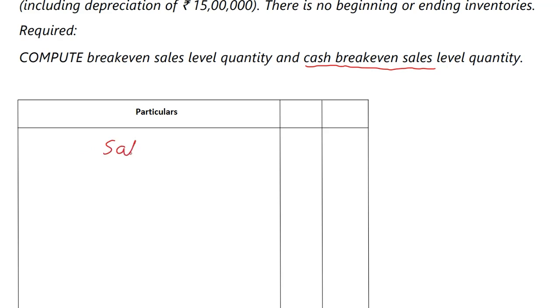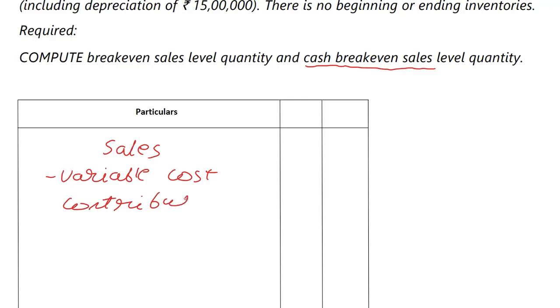Based on our format, we know that sales minus variable cost gives us contribution, minus fixed cost will give us profit.